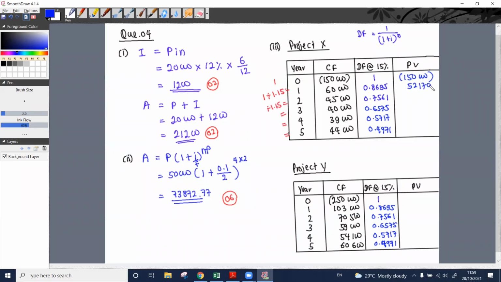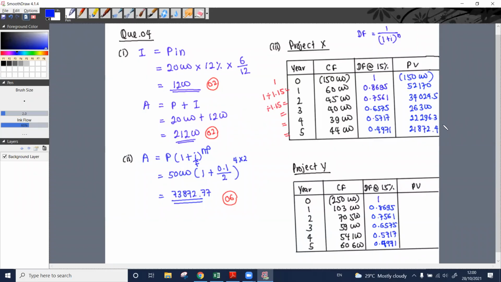Then 45,000 into 0.7561, 34,024.5. 40,000 into 0.6575, 26,300. 39,000 into 0.5717, 22,296.3. Last one, 44,000 into 0.4971, 21,872.4.